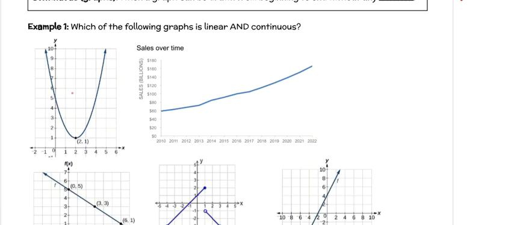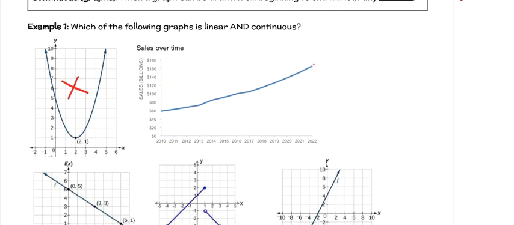So the graph over here, is this linear? No, it's not linear because it's not straight. But it is continuous because there's no breaks in the graph, all right? Over here, is this linear and continuous? Again, it's a little wavering.